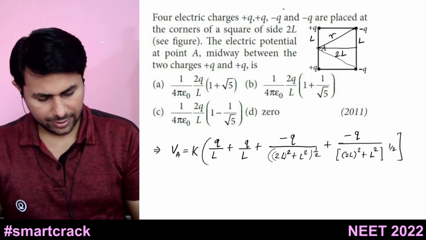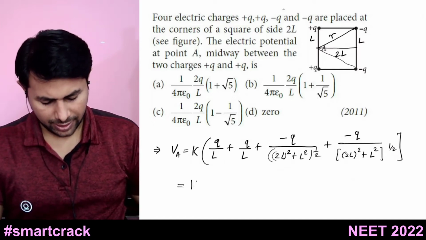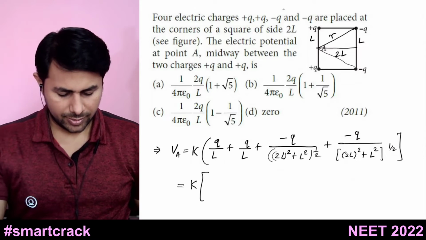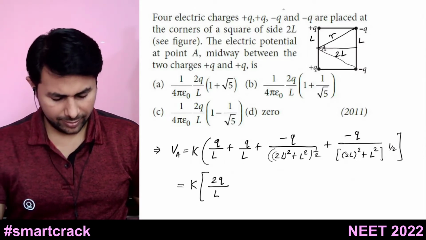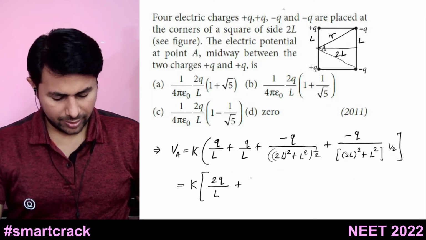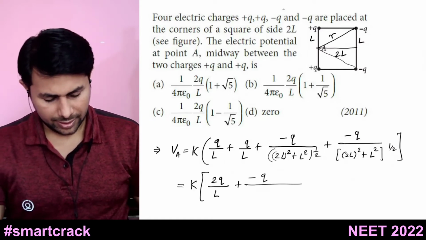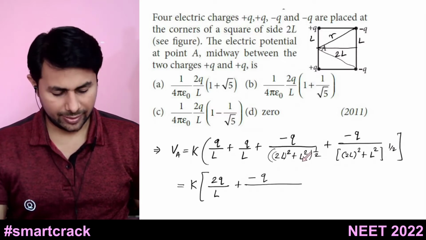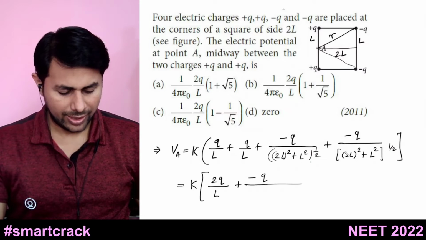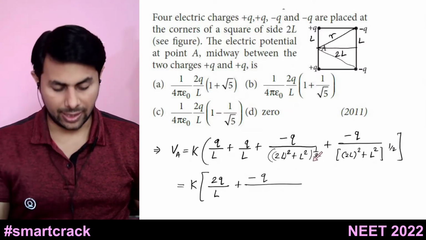And then we can do some cancellations. It is k into q plus q, 2q divided by l, plus we have minus q, and in the denominator this is 4l square plus l square, so it is 5l square raised to half, so we can take the square root of l square, it is l.